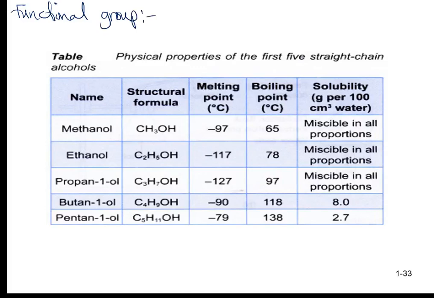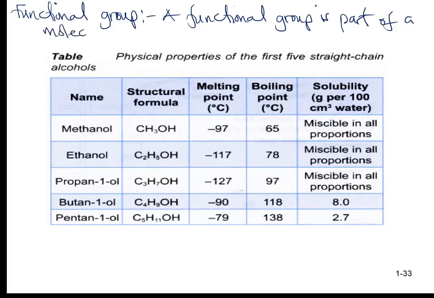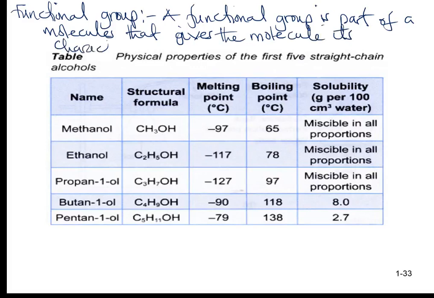So a functional group is part of a molecule that gives the molecule its characteristics. So that is a functional group.